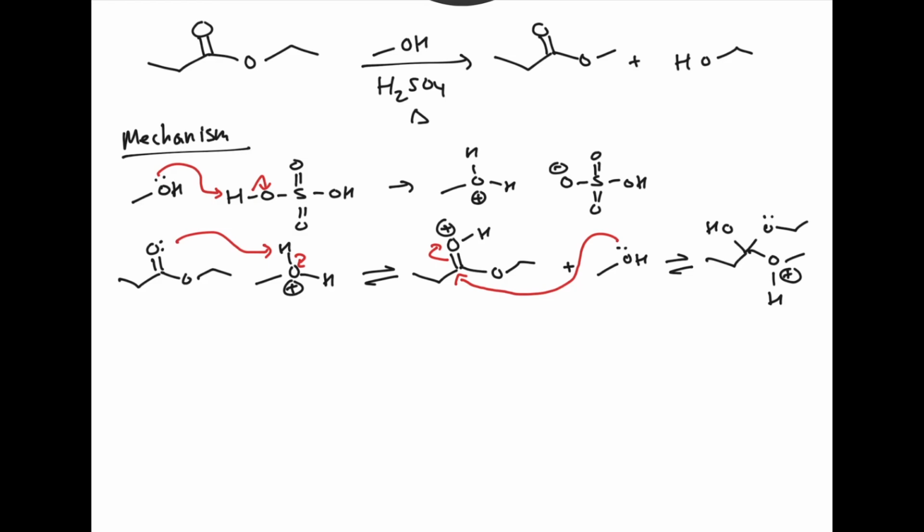So here, we know that our overall goal is to switch the alcohol fragments on our ester. So we want to end up protonating the oxygen that was in our ester, making it the good leaving group. So the one that had the carbon fragment on it, that's the one that's going to pick up the proton and become a good leaving group.